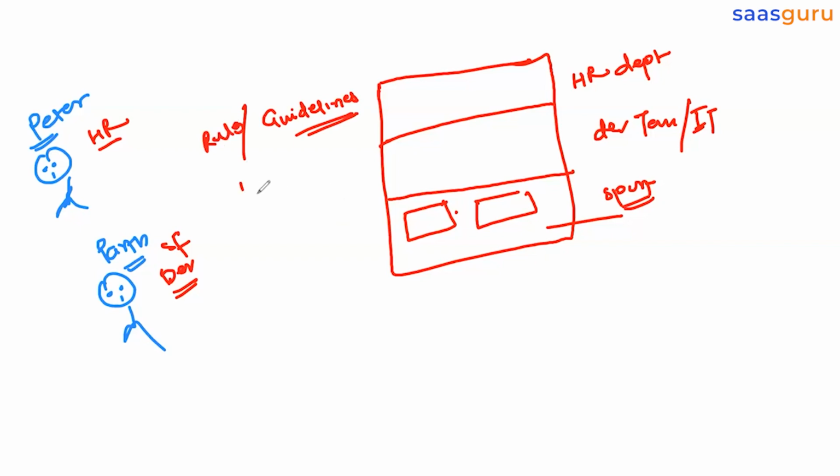The HR team should be able to access this particular sports area during, let's say, 9 to 1 p.m., whereas the finance team should be able to access it from 2 p.m. till 6 p.m. Similarly, the HR team has to finish their lunch during 1 to 3, whereas the IT team has to finish their lunch from, let's say, 3 to 4 or 3 to 5, whatever the timing is.